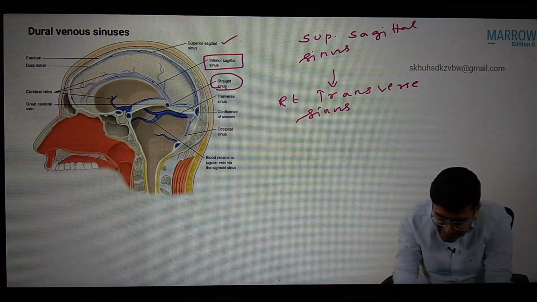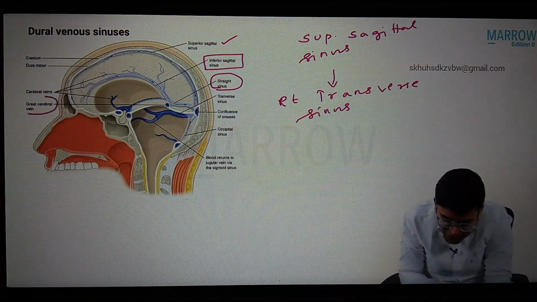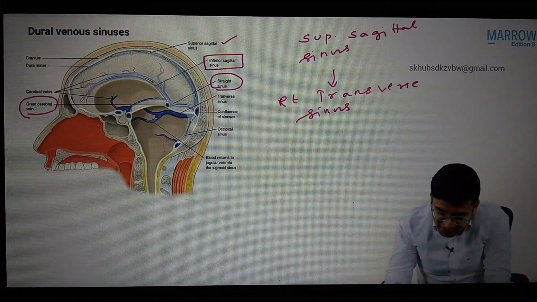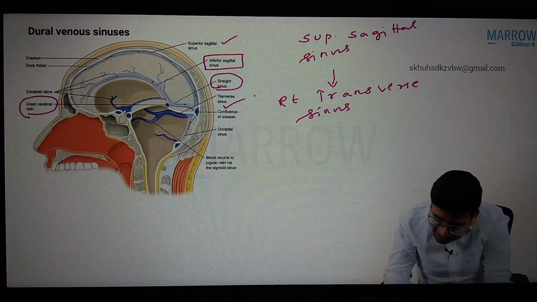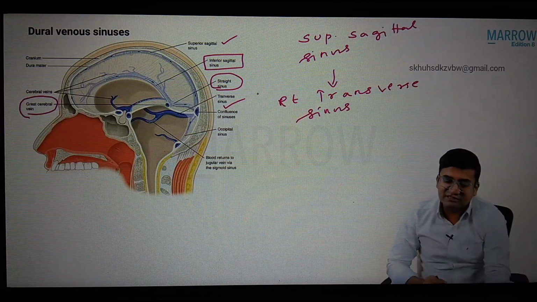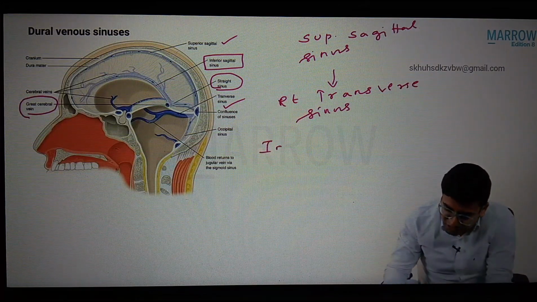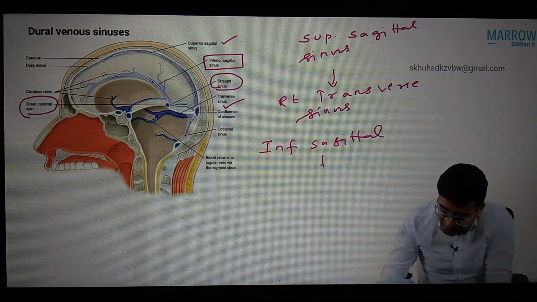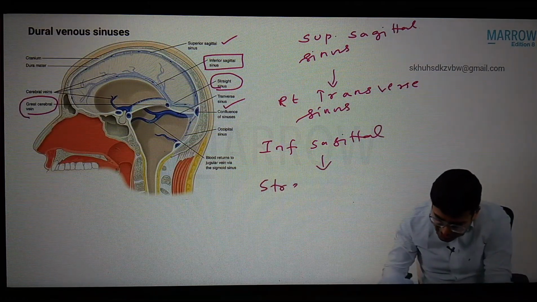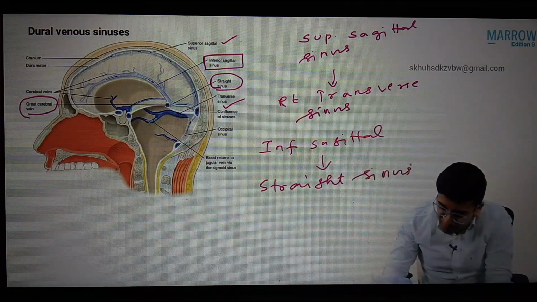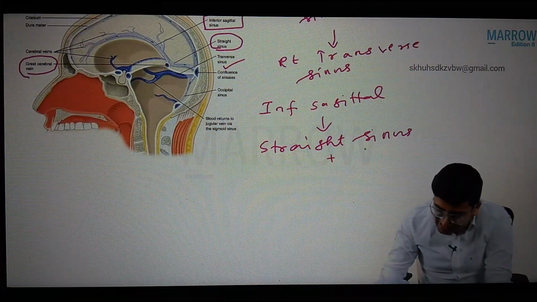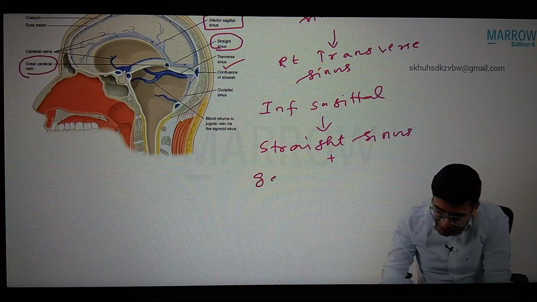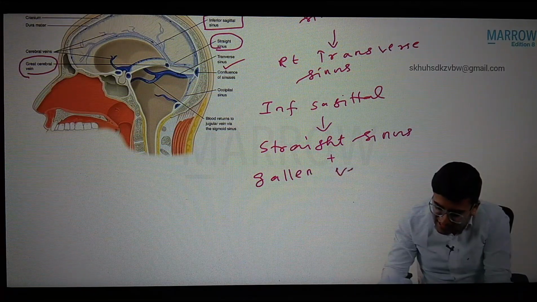Now the straight sinus receives Galen's vein, the great cerebral vein of Galen. After receiving that, it in turn continues as the left transverse sinus. Okay, so please write: inferior sagittal sinus continues as straight sinus, and the straight sinus receives the great cerebral vein of Galen.